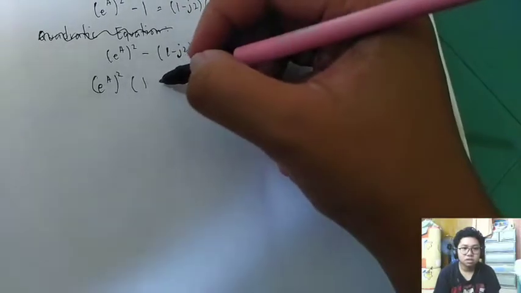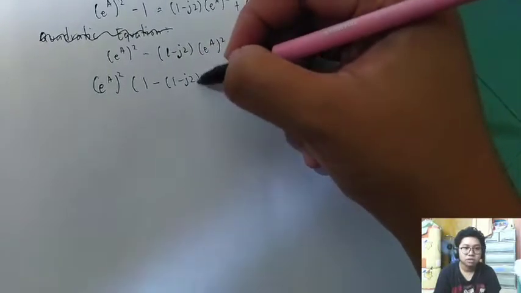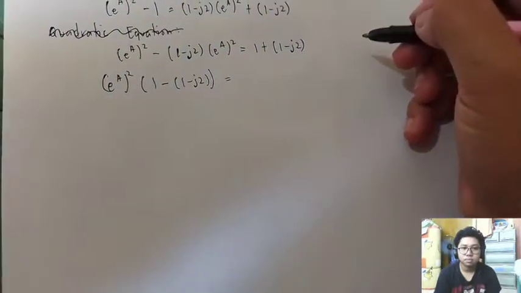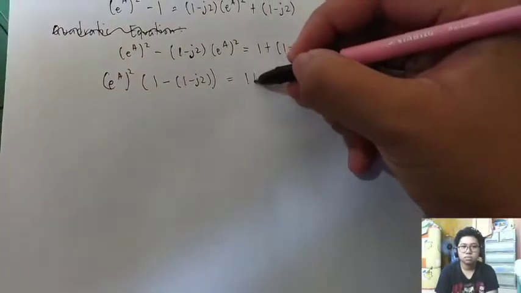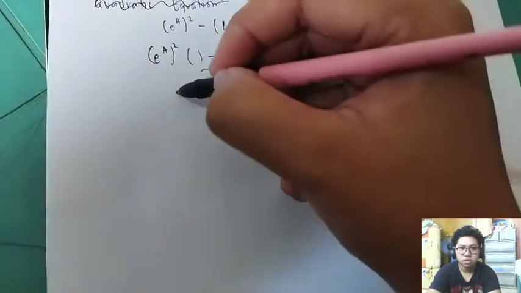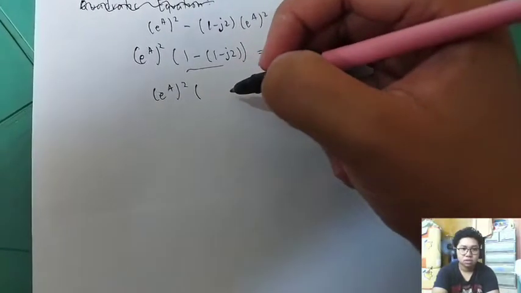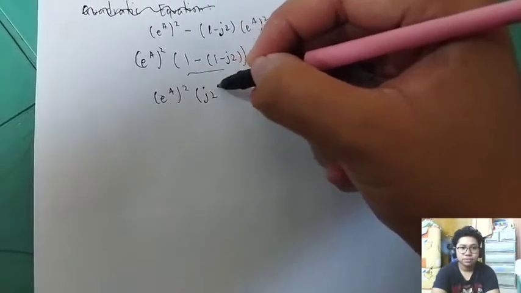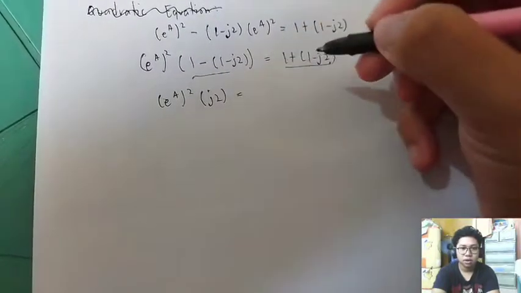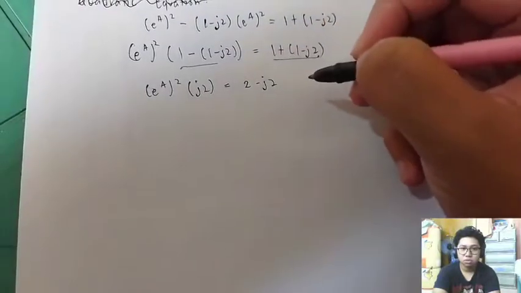Then we will factor out the e raised to a squared, that is 1 minus 1 minus j2. Then it is equal to 1 plus 1 minus j2. Then we can simplify these both terms, that is e raised to a squared times j2 equal to 2 minus j2.